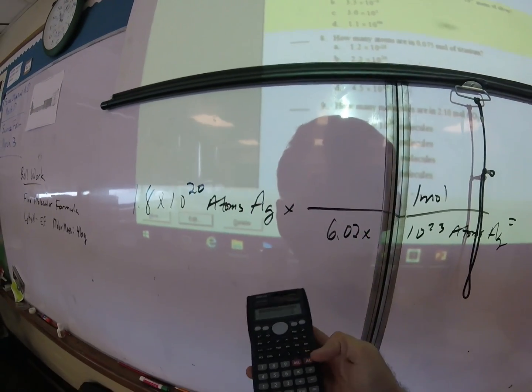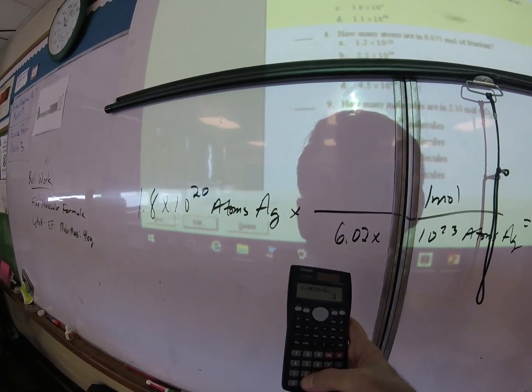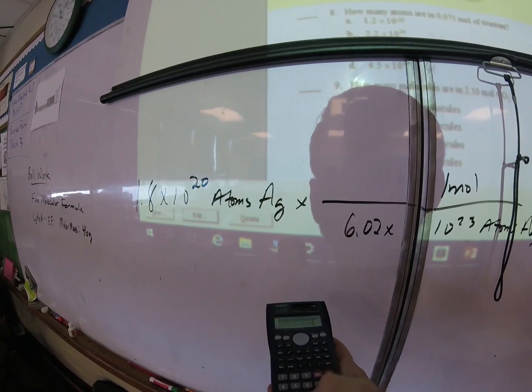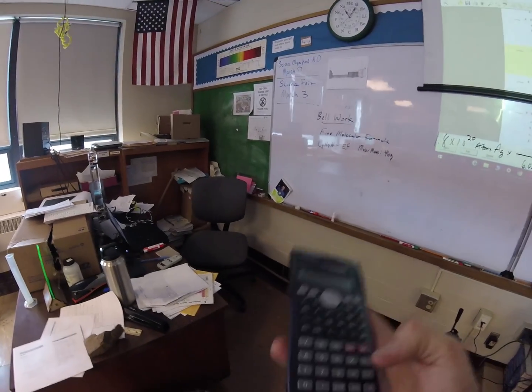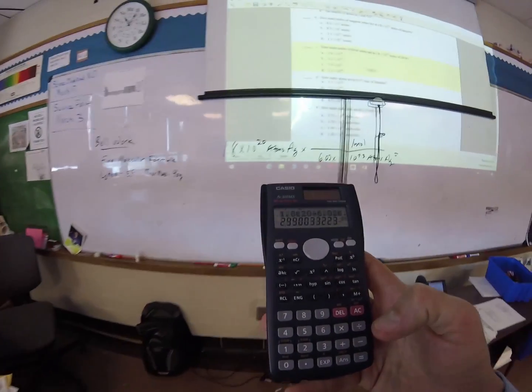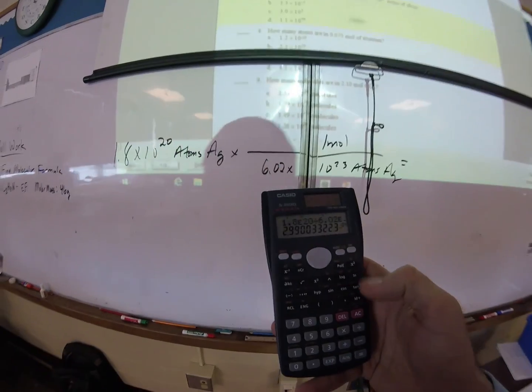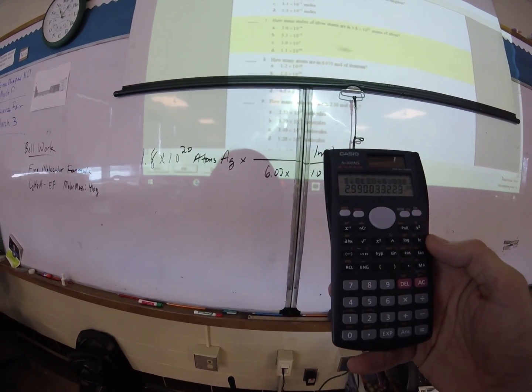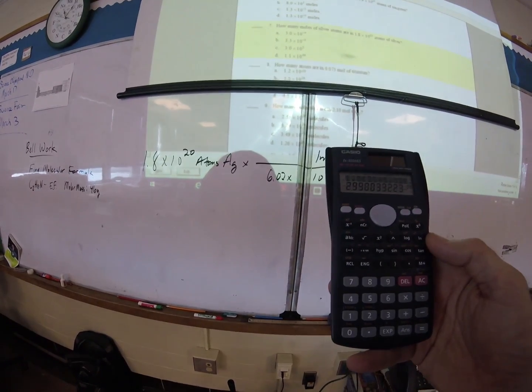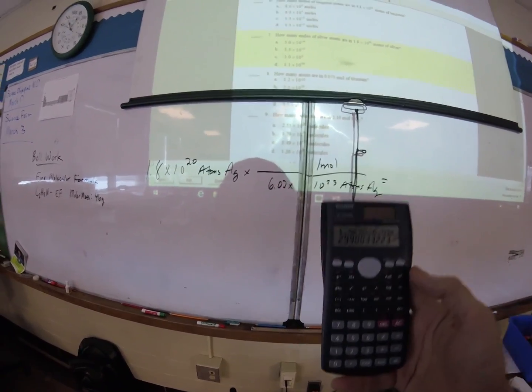And then you're going to divide by 6.02 exponent. You should see the E there on your calculator. And then 23, and your answer is going to be 2.99 to the negative 4th. So we're going to round that up to 3. So we're saying A. Did we say 7 was A? Yeah.